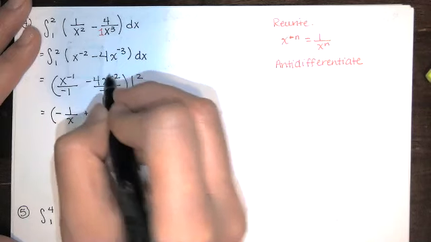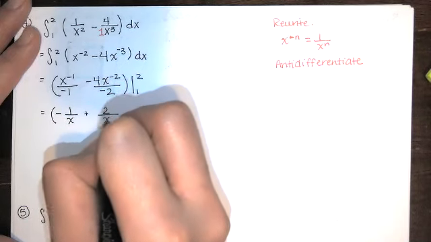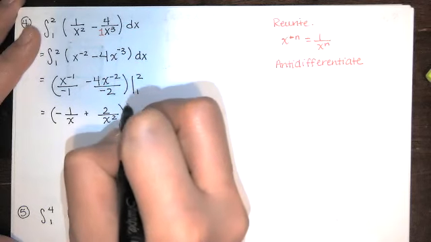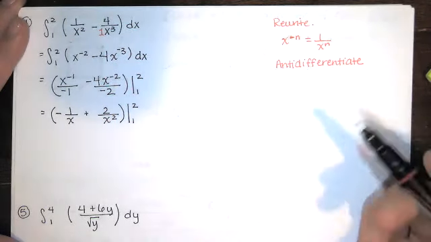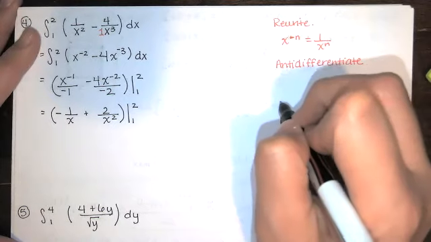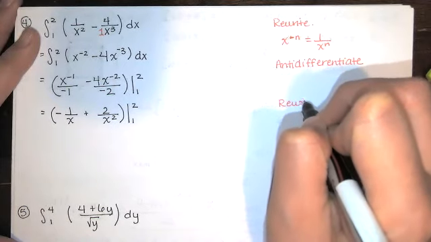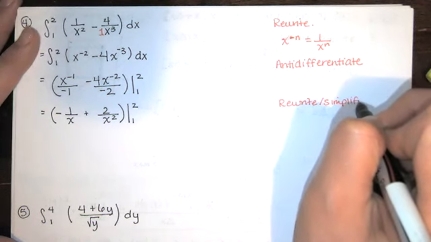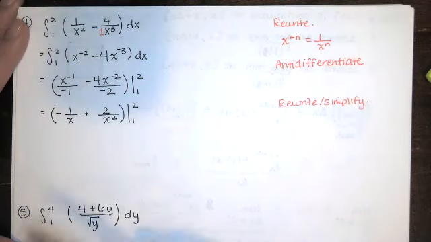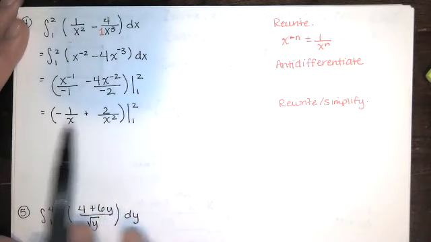And that x to the -2 in the numerator can be brought down to the denominator that way. So we're here. So we antidifferentiated, and then we did a rewrite, or you could call that simplifying if you prefer. I just did that because it's easier for me to think this way.